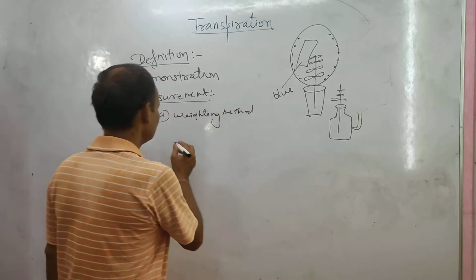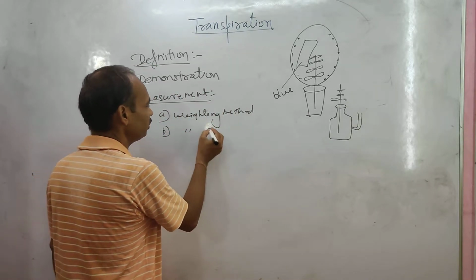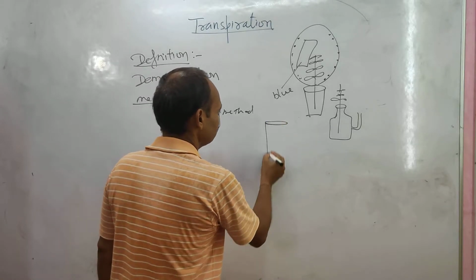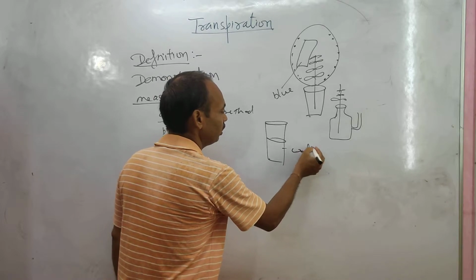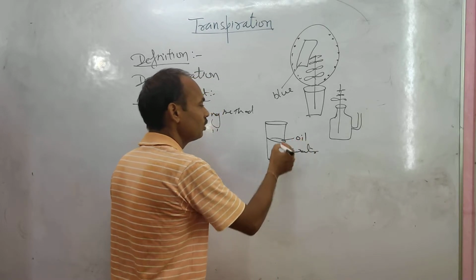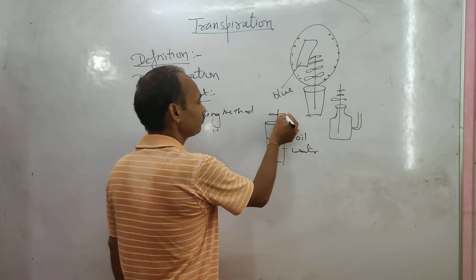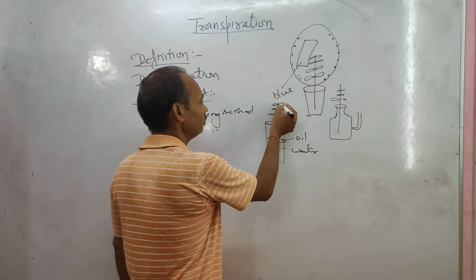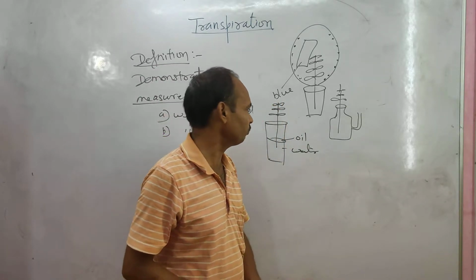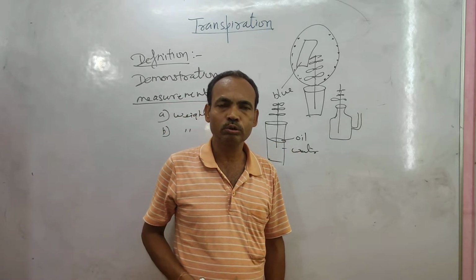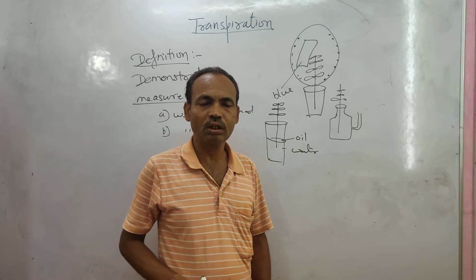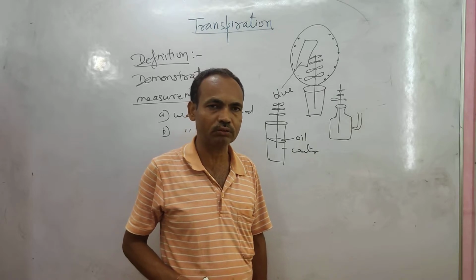The second method is also a weighing method. Take a test tube, fill it with water, add oil, and keep a twig in it to measure the transpiration. The function of the oil is to prevent loss of water by evaporation.